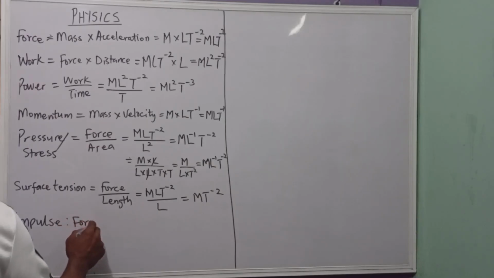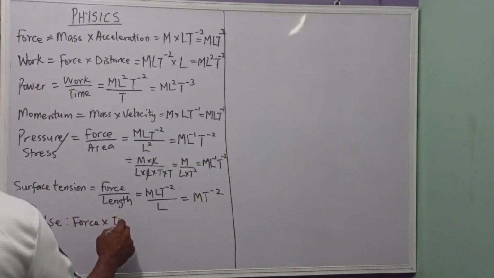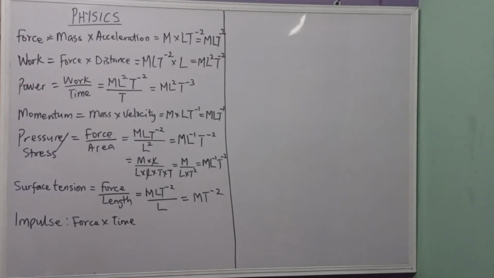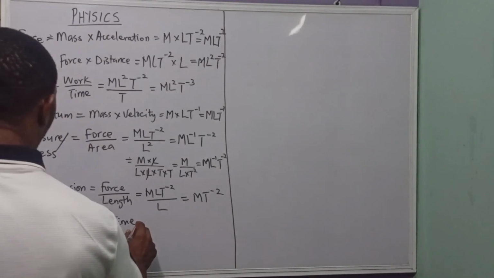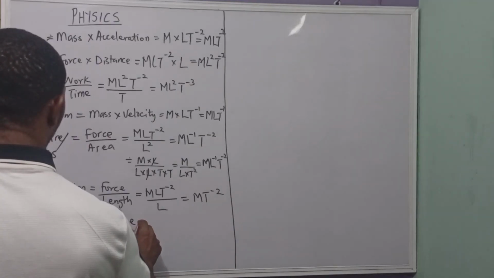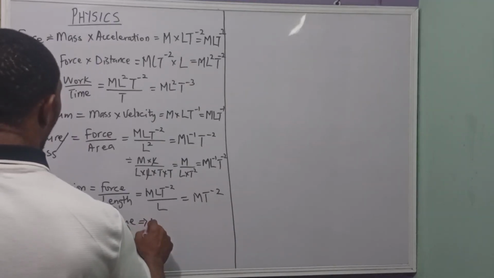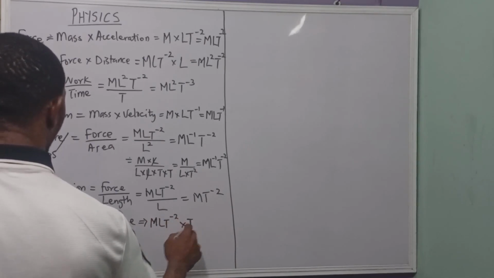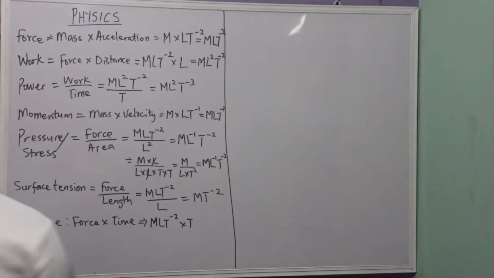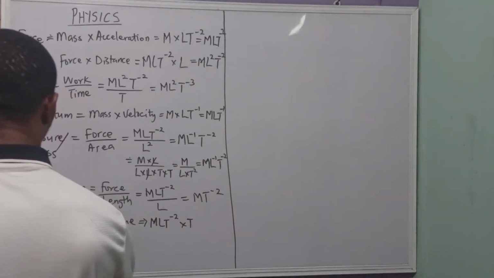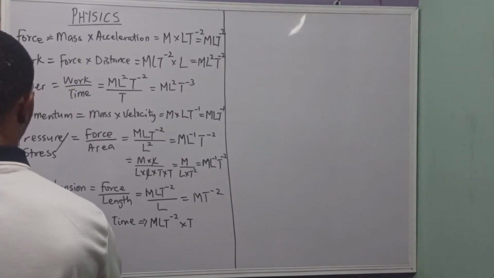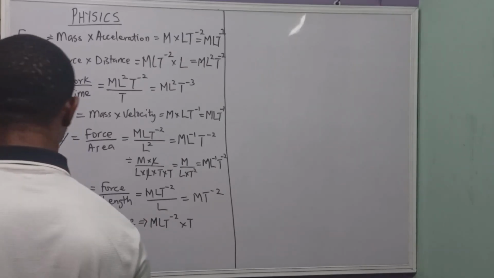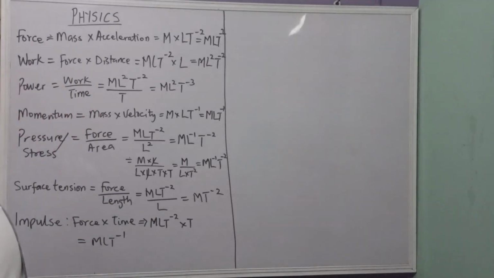Force times time gives us impulse, and from earlier on we've learned that force is M L T raised to the power minus 2 times T. So impulse will be M L T raised to the power minus 1.